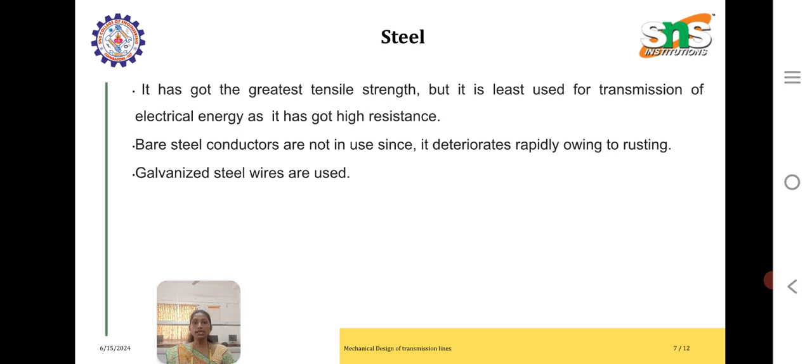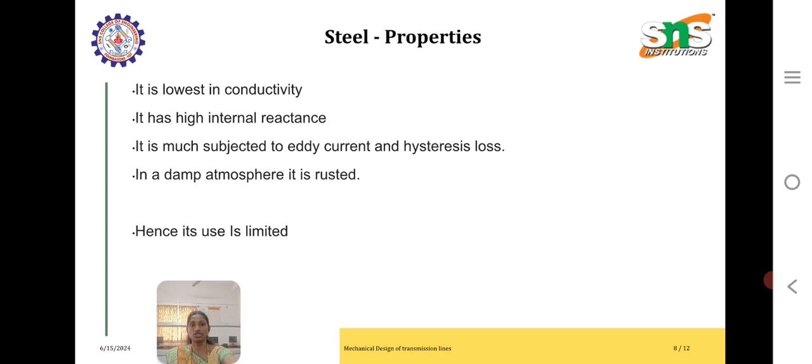Coming to steel, it has the greatest tensile strength, but it is least used for transmission of electrical energy as it has high resistance. Bare steel conductors are not in use since they deteriorate rapidly owing to rusting, so galvanized steel wires are used for electrical power transmission.